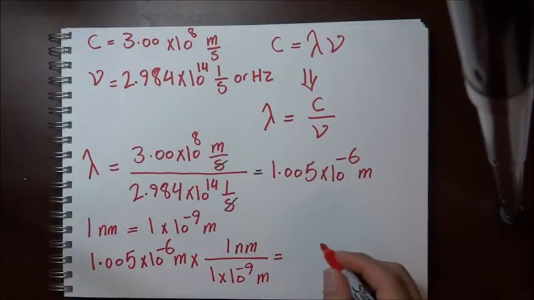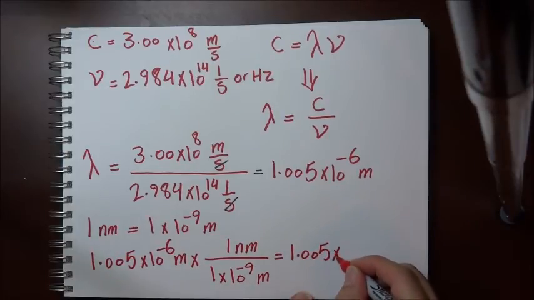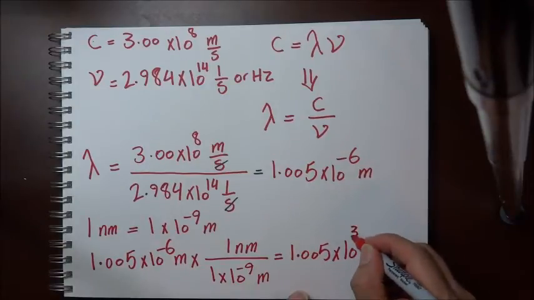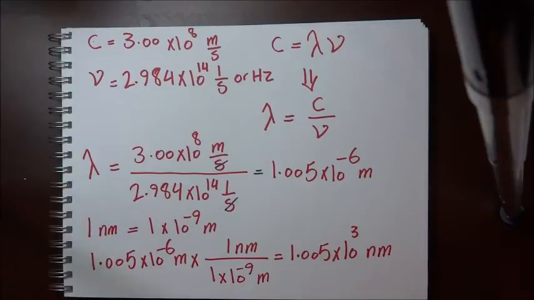So the answer will be 1.005 multiplied 10 to the power of 3 nanometer. So the first case that we just solved was electron transfer from lower level to higher level.